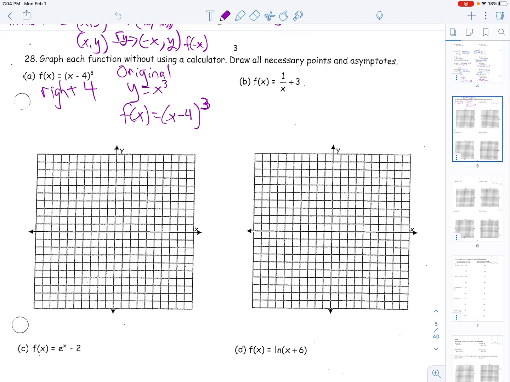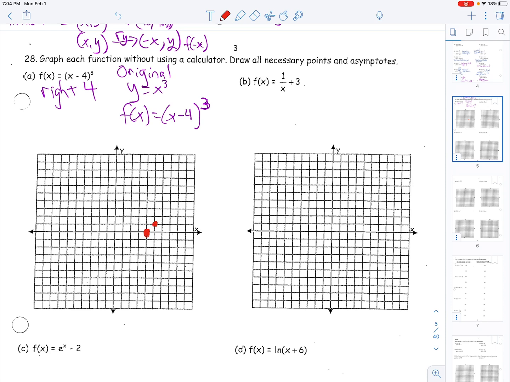So think about the points on x cubed. Remember we did it the good old-fashioned way, table of values. 0, 0 is on x cubed. Let's move that to the right 4 units: 1, 2, 3, 4, to 4, 0. 1, 1 is on x cubed.